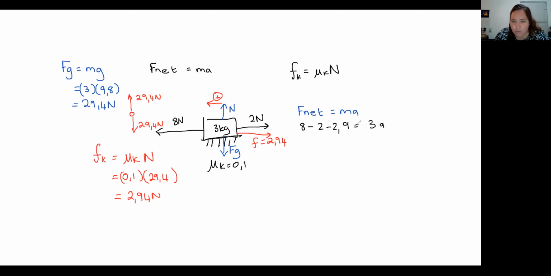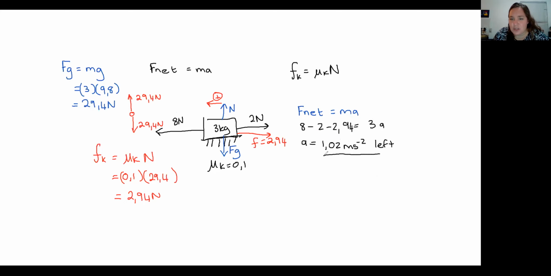So 8 minus 2 minus 2.94 divided by 3, I get that the acceleration is 1.02 meters per second squared, and it's going to be towards the left.